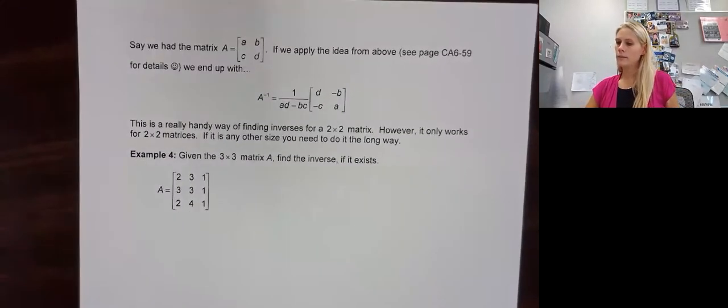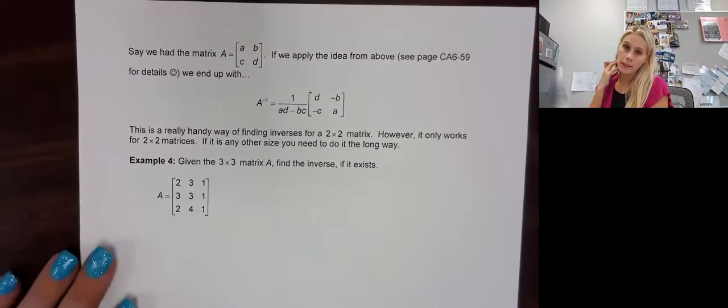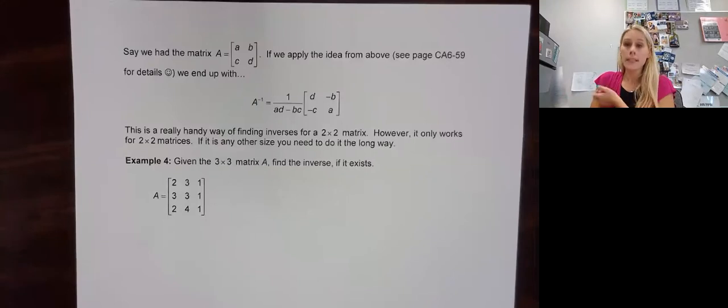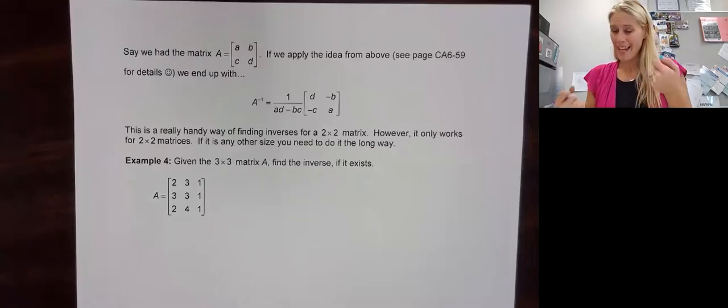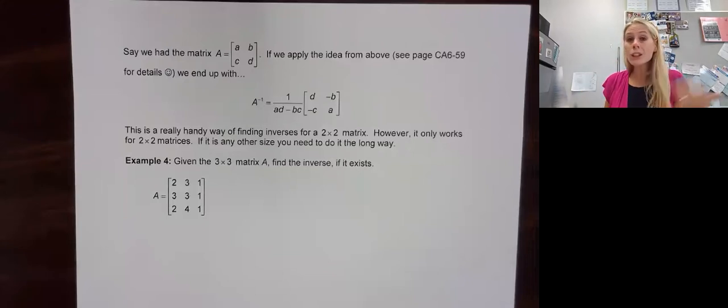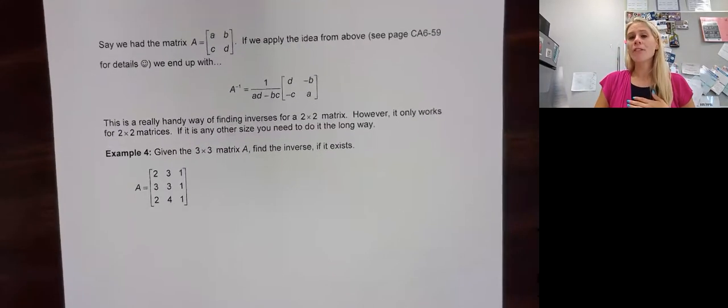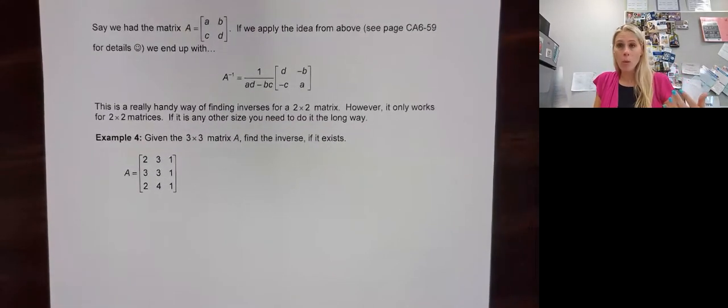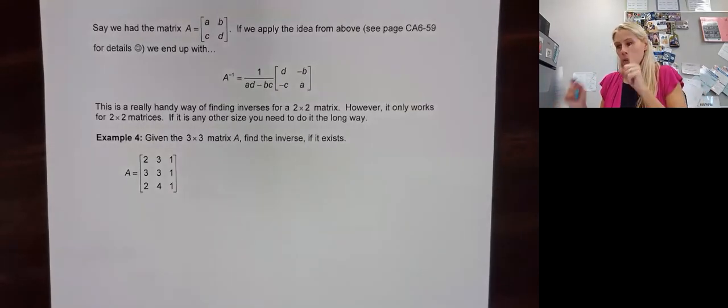All right. Say we had the matrix A equals a, b, c, d. What we find out, guys, is that you can find the inverse matrices just by doing a formula. Some of you might remember this from secondary 1, but if you don't, this is what happens.